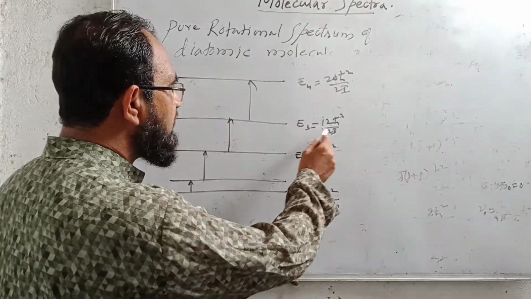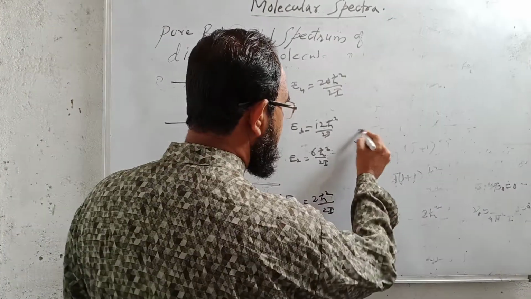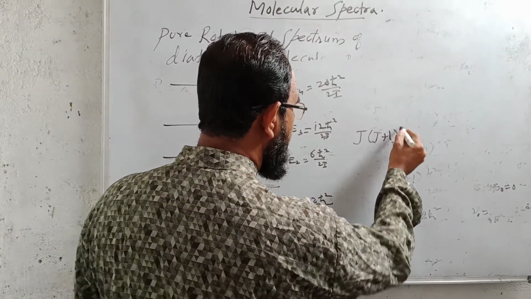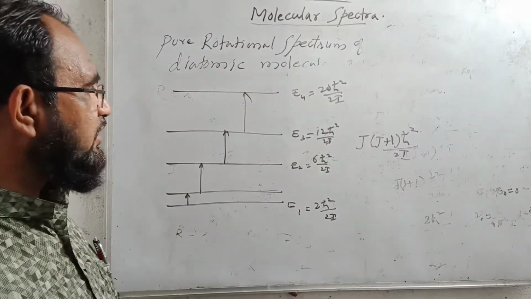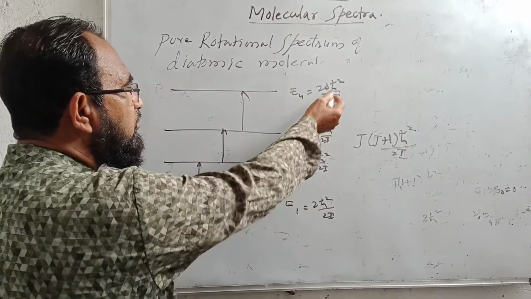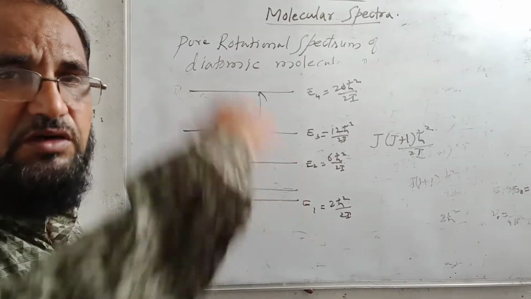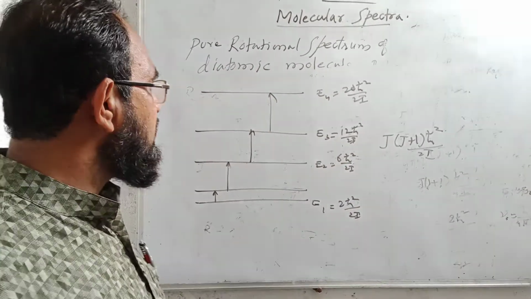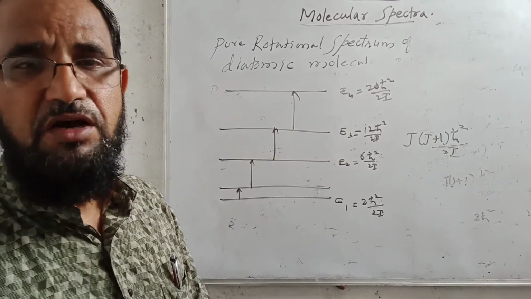And E3, from the formula j into j plus 1 h cross square upon 2I, if I put j equal to 3, I will get 12 h cross square upon 2I. For j equal to 4 it is 20 h cross square upon 2I, which means the molecule may jump from the lower to the higher state. So this is all about the pure rotational spectrum of a diatomic molecule. Thank you.